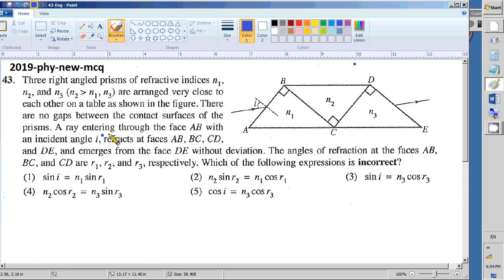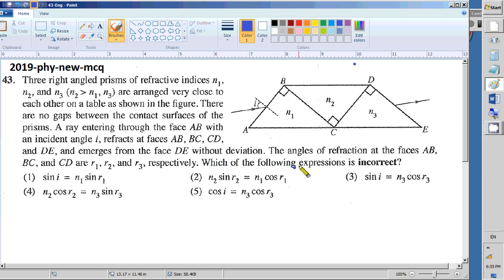A ray entering through the face AB with an incident angle I refracts at faces AB, BC, CD and DE and emerges from the face DE without deviation. The angles of refraction at the faces AB, BC and CD are R1, R2 and R3 respectively.